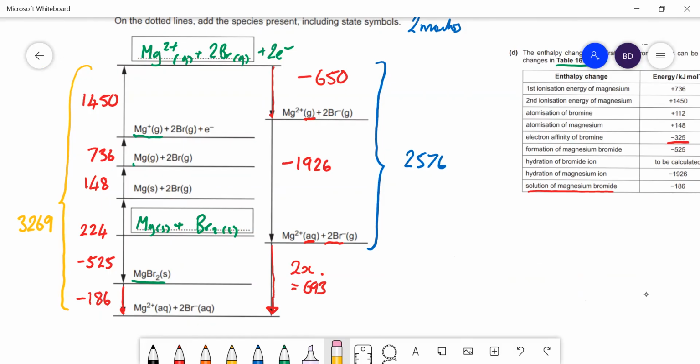We need to go from, I'll do it in orange, what is the lattice enthalpy? We've got the gaseous ions up here in orange, and we need to go down to here, the solid. So we need to find out the value of that orange line there. I'm going to rub that blue bit out, make it clearer. How are we going to find that out?